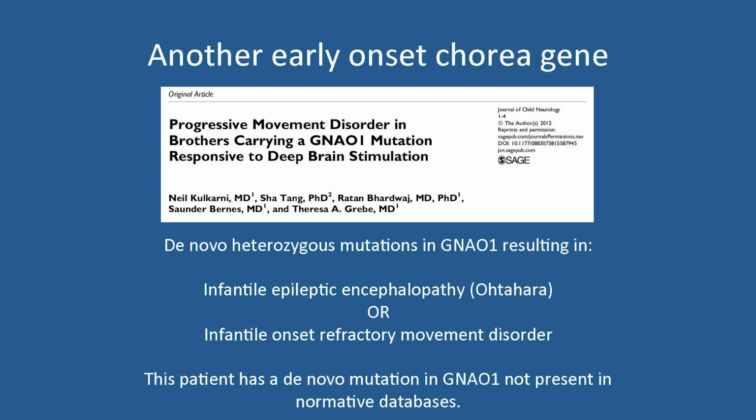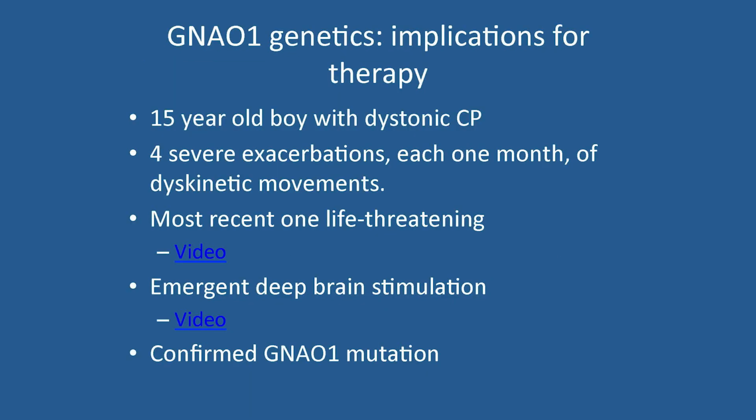And here's another patient we've had recently, and this might help you start to appreciate how a genetic diagnosis can help alter treatment. So this is a family I've known for probably 10 years, has a diagnosis of dystonic CP, and he's nearly 16. But he has had 4 severe exacerbations of movement disorders.